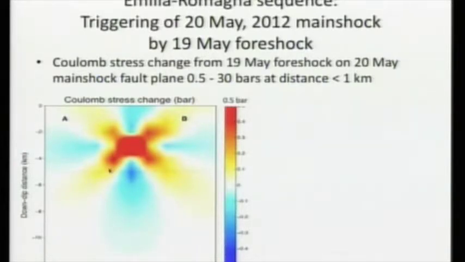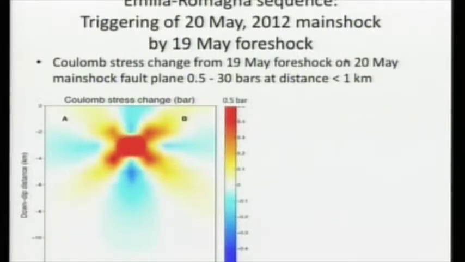Anywhere you can see the orange colors are places where stress is larger than 0.1 bar or 0.01 megapascal, which has previously been mentioned as the critical stress for triggering earthquakes. So it is not at all a surprise that the May 19th earthquake triggered the May 20th earthquake.